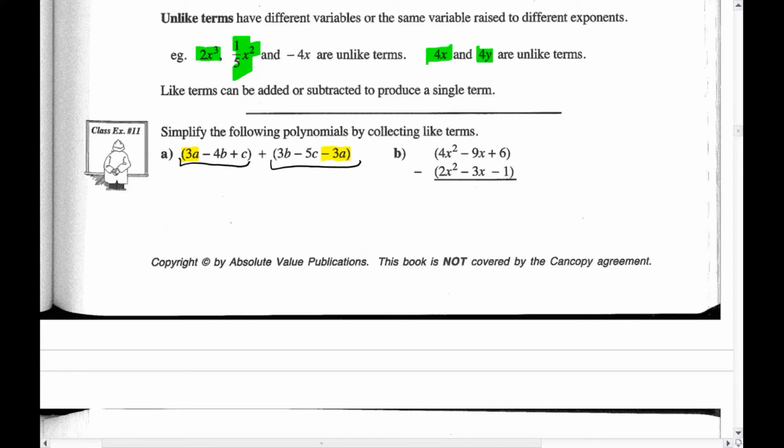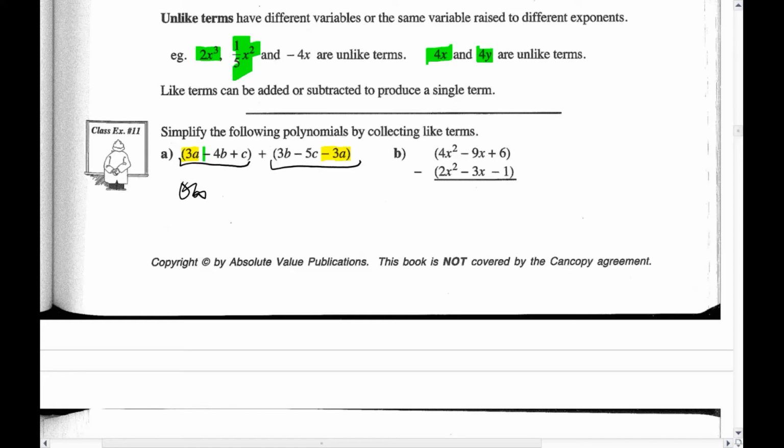So we can deal with that. It's pretty much like saying 3a plus negative 3a. So that becomes 0a, or just 0. We don't have to actually write that term. Because if we have positive 3a's and we subtract 3a's, we have no a's left.